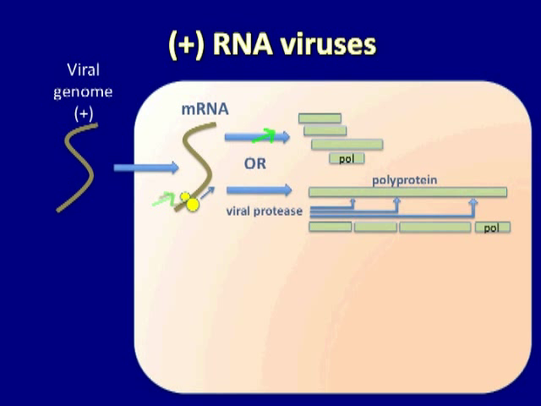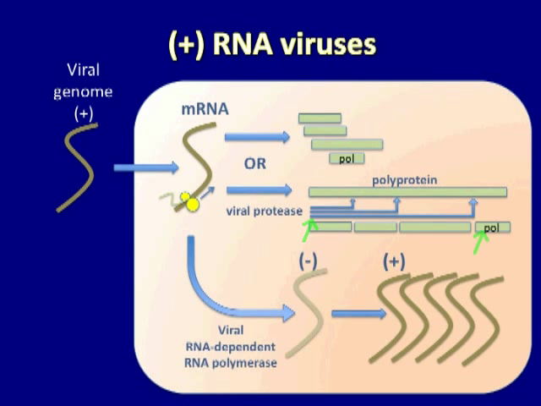Some viruses produce individual proteins from this translation, among which is the polymerase, which will ultimately assist with the replication of the viral genome. Other viruses, notably the enteroviruses, produce a polyprotein, which ultimately needs to be cleaved into individual products by a virally encoded protease.